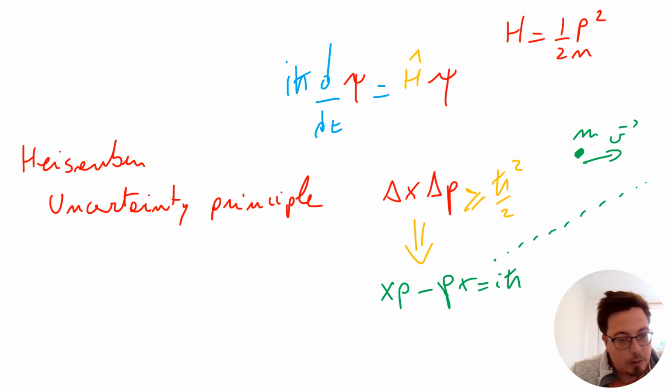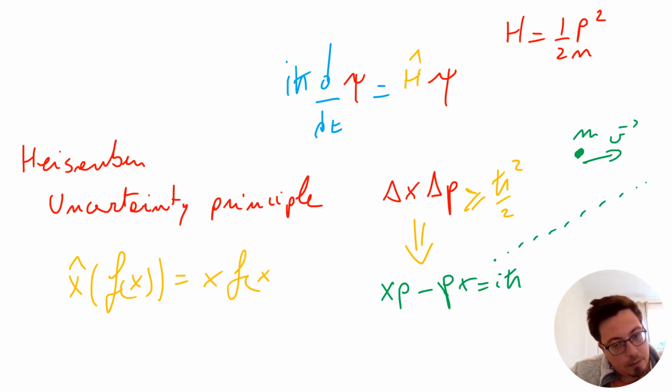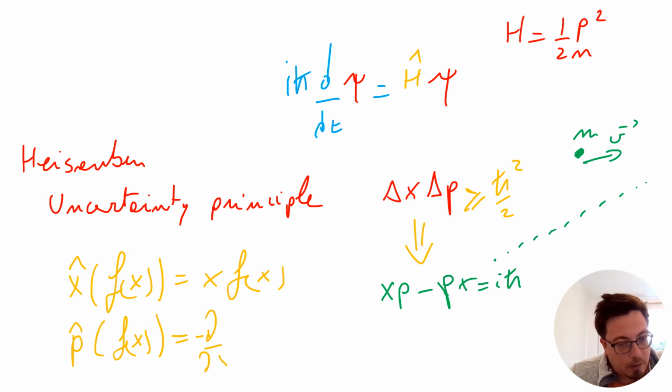Suppose you have a function f of x. You can call the operator x acting on the function the multiplication of f of x by the point x. It's a very simple operation that you can do on a function. And then another easy one that you can do is the derivative of f of x in x.